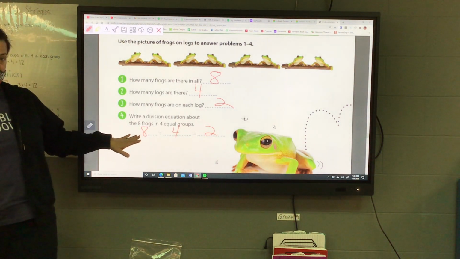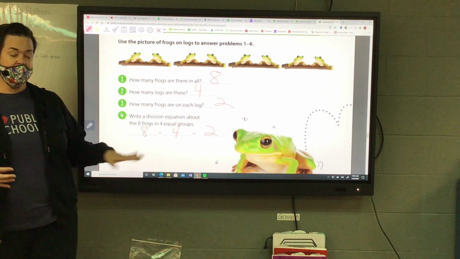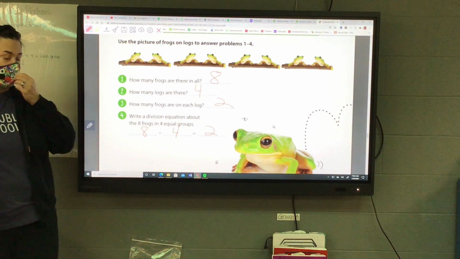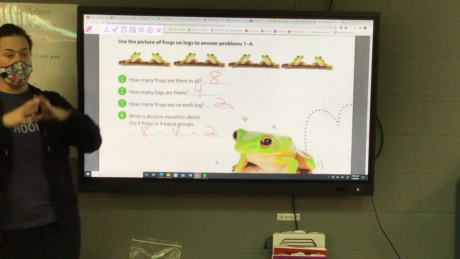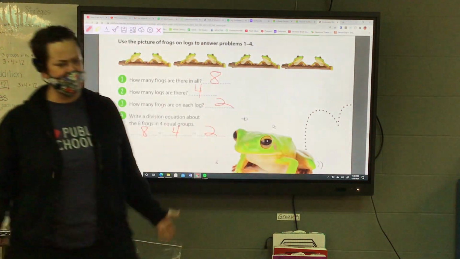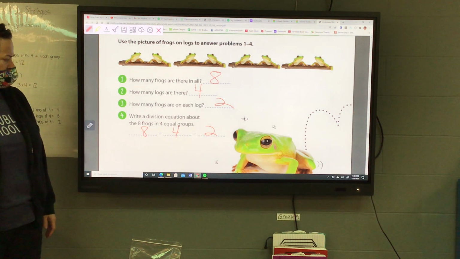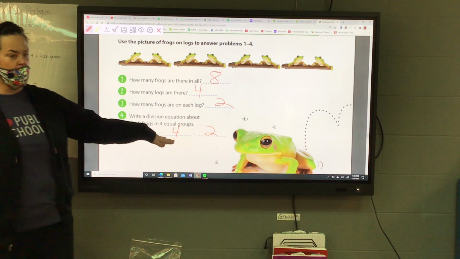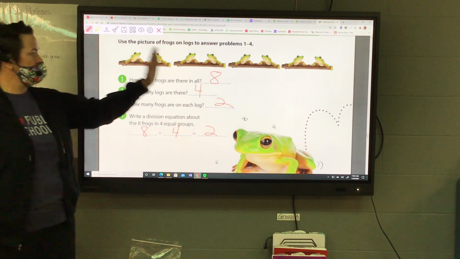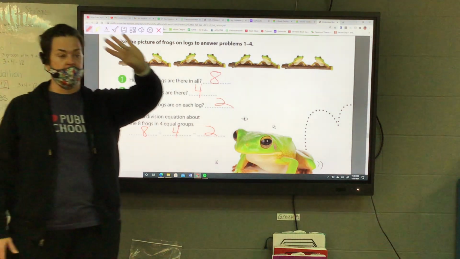What does the 8 tell us? How many frogs in all? What does the 4 tell us? 4 equal groups.